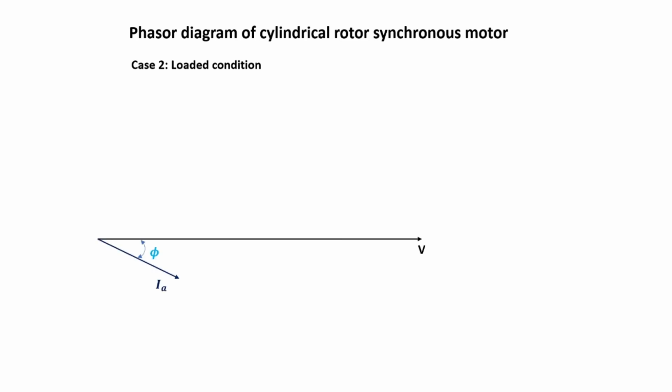Then the voltage drop developed due to current in the armature winding, that is IA into ZS, leads IA by an angle theta, where theta is equal to tan inverse XS by RA. And this is the back EMF. Here it is clear that corresponding to lagging power factor operation, the motor is under excited. The angle between V and EB is the load angle delta.